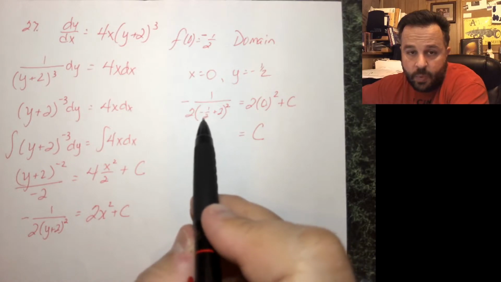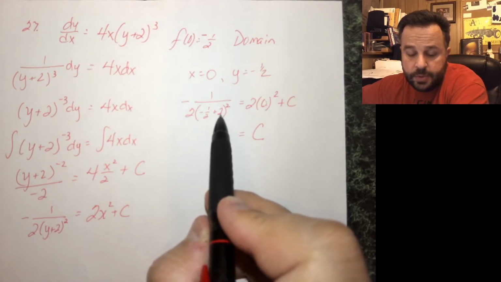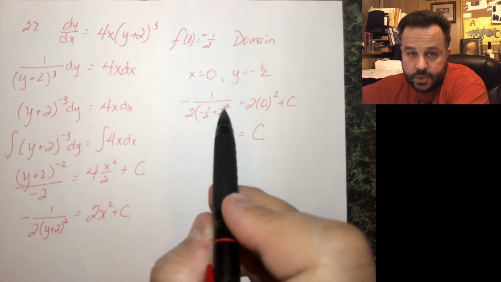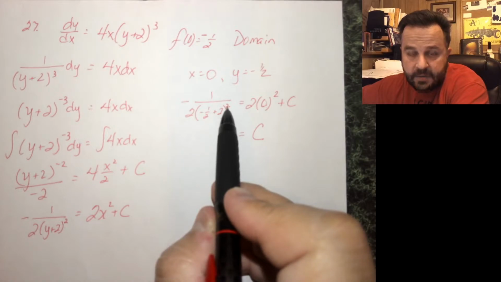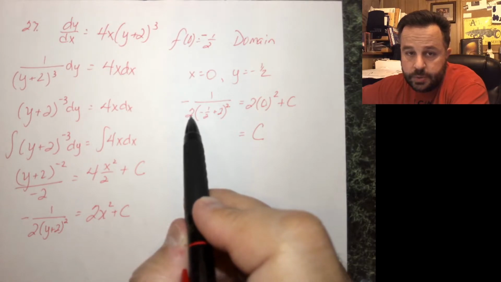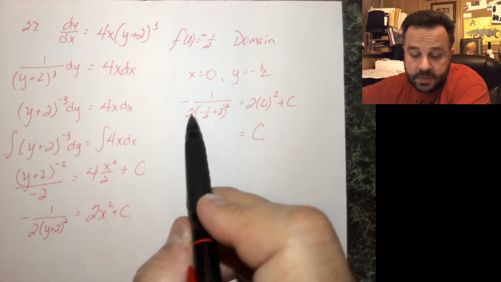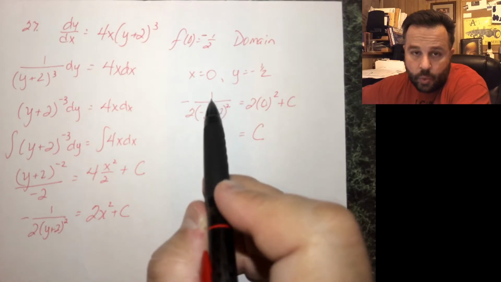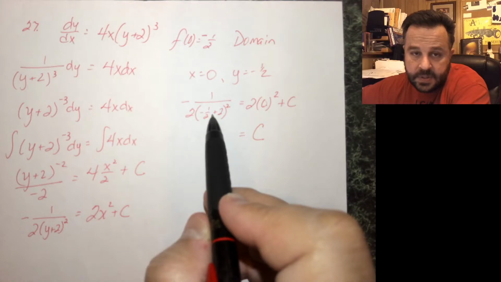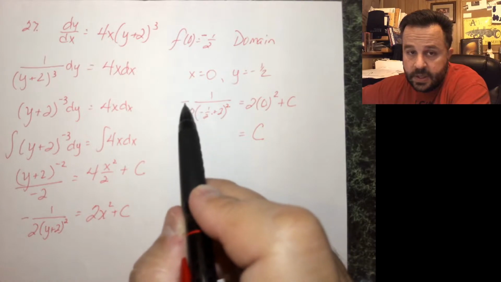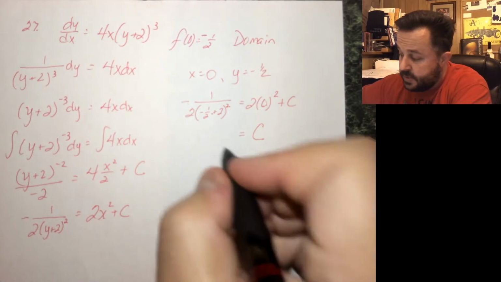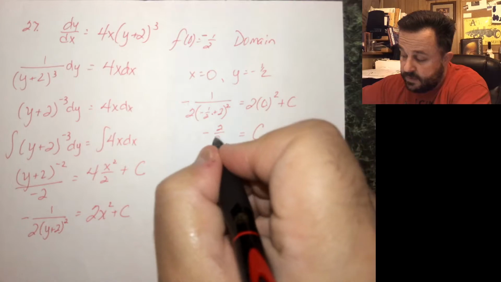Down here, negative 1/2 plus 2 would give me 3/2. 3/2 squared is 9/4. 9/4 times 2 would give me 18/4 or 9/2. 1 over 9/2 is the reciprocal, which is 2/9, and we're negating it. So I get negative 2/9 for the value of c.